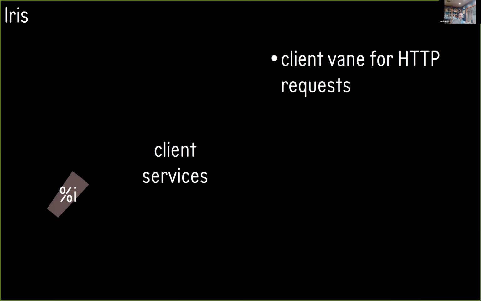Client services. This is Iris. Iris is not used a whole lot. This would be if your Urbit ship were acting like a browser for someone else's website, which you certainly can do, but it's not a common design pattern yet. I've seen people try some interesting things with trying to deal with server behavior, loopback addresses, these kinds of things.